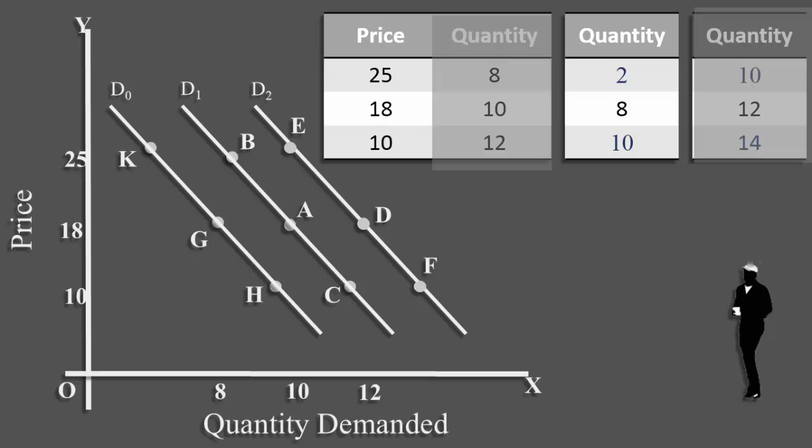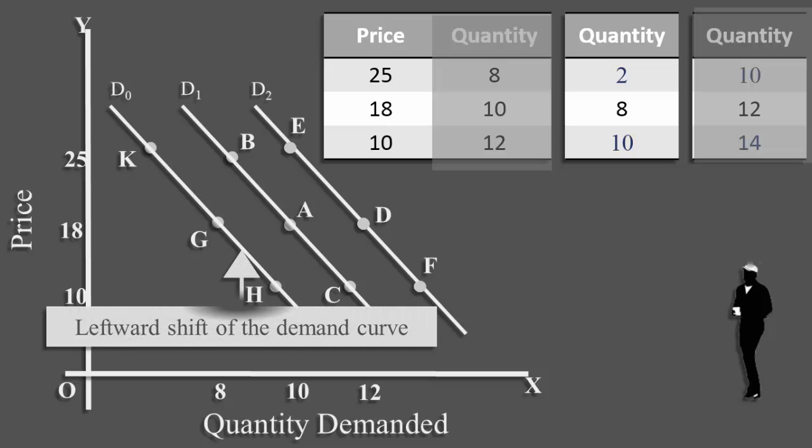By joining K, G, H, we get a demand curve D0. You must understand that a negative change in taste and preference has brought out this new demand curve. There is a shift in the demand curve to the left.